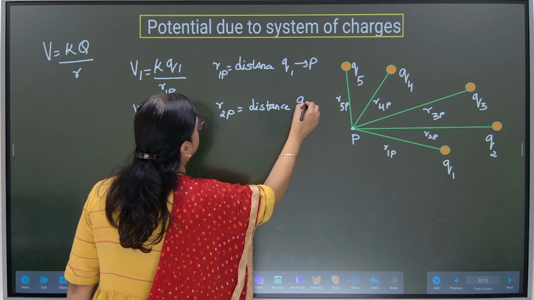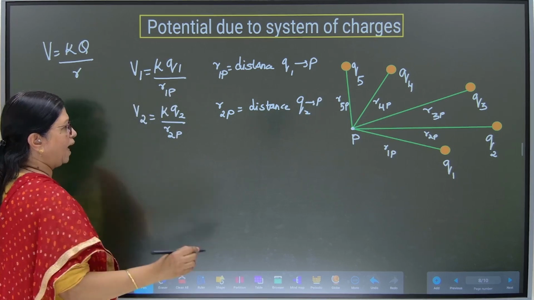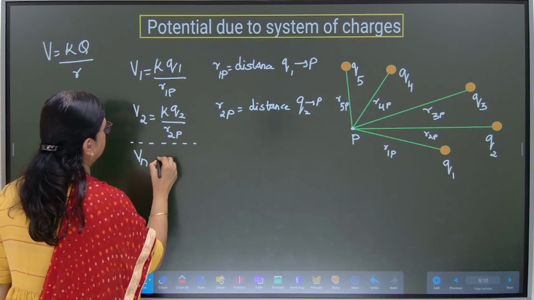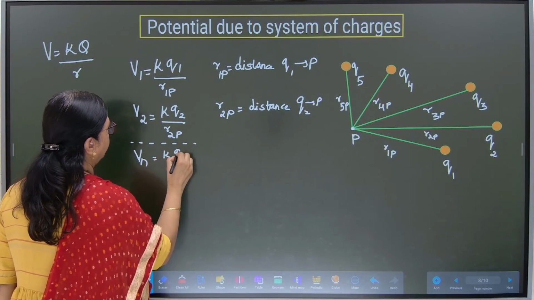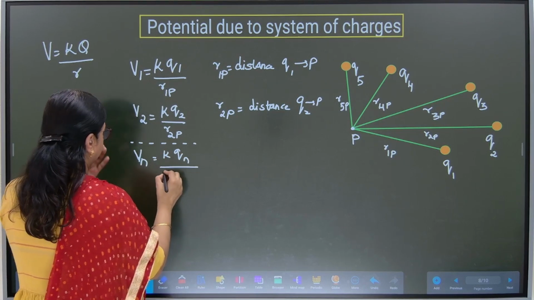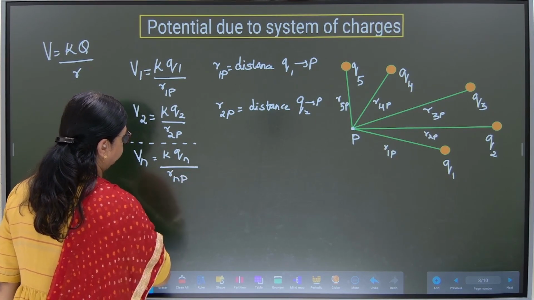between Q2 and P. So, in this way I can write for n charges, the potential for the nth charge is K Qn upon RnP.